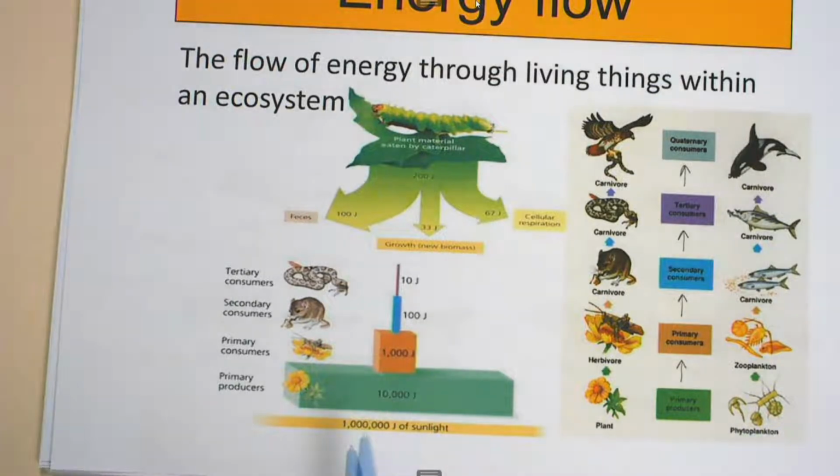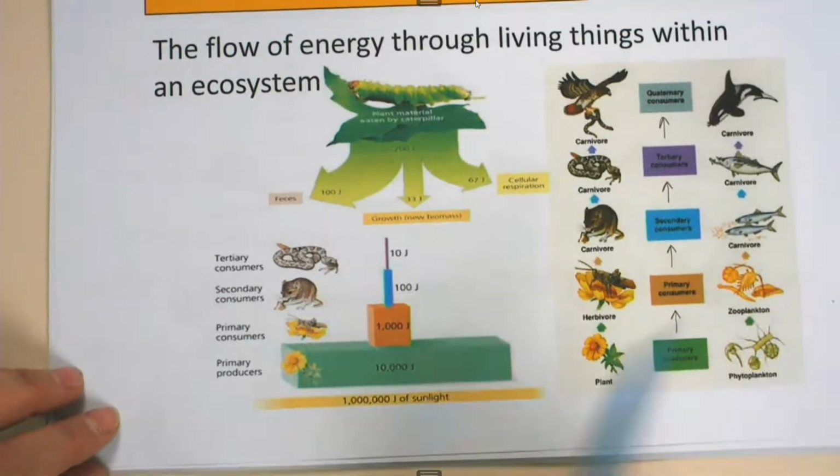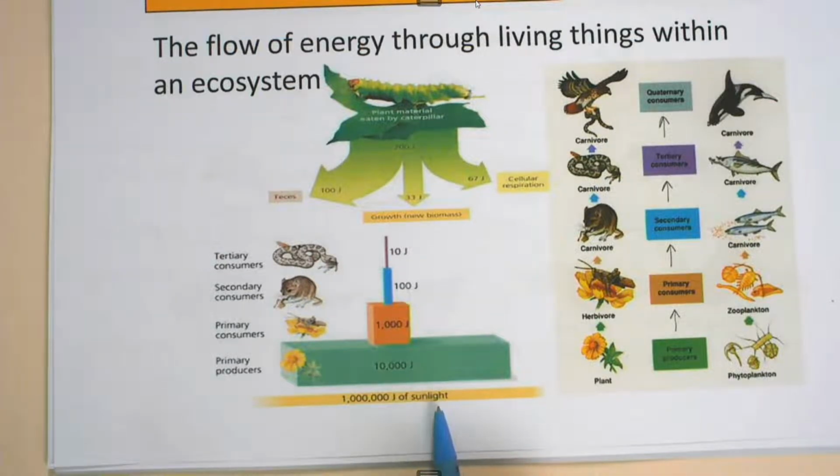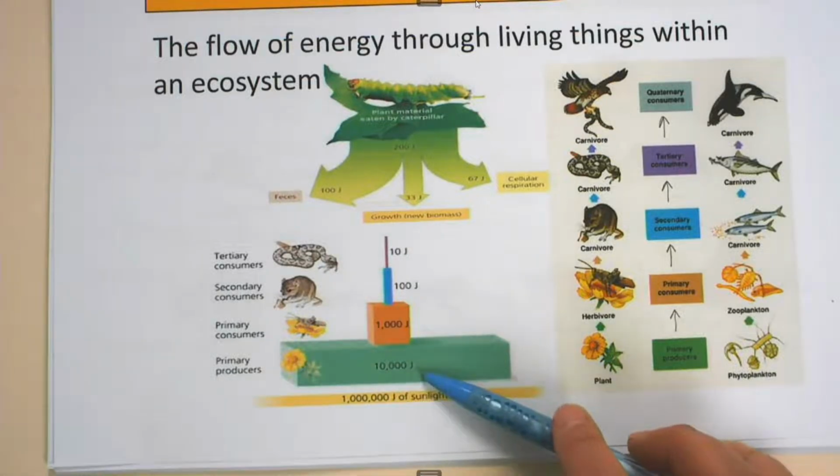Now, when you look at the amounts here, the joule, remember energy, the unit for energy is joules, so it is measured, and that's the unit, or the symbol is J. So when we get sunlight, look at that, 6 zeros, 1,000,000 joules of sunlight is available. And then when the plant makes the food, it has 10,000.